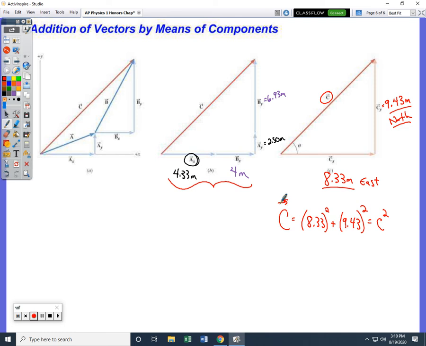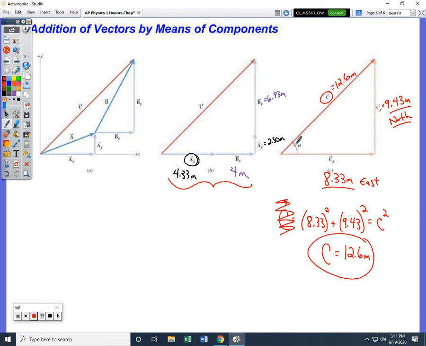So I'm going to cross this out because I'm not finding this, but I'm using my a squared plus b squared equals c squared. That will allow me to figure out what C is. So pull out my handy dandy calculator here. 8.33 squared plus 9.43 squared, square root that. So I get 12.58, or about 12.6 meters. So that's how far they travel.